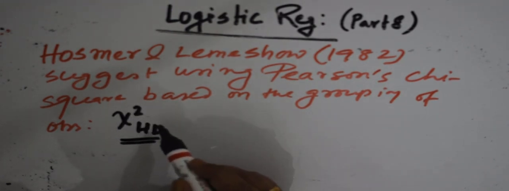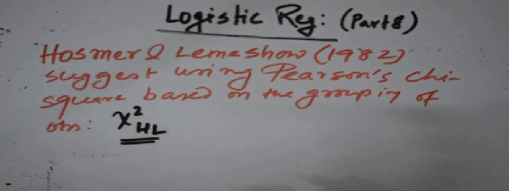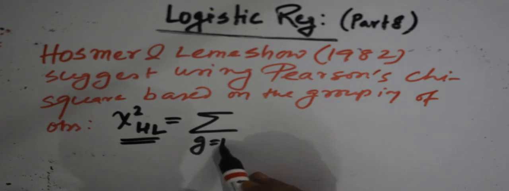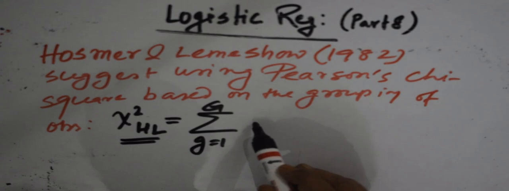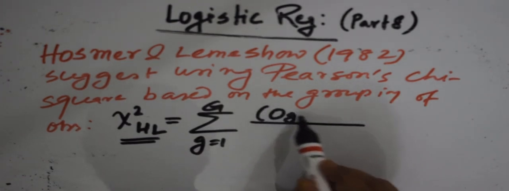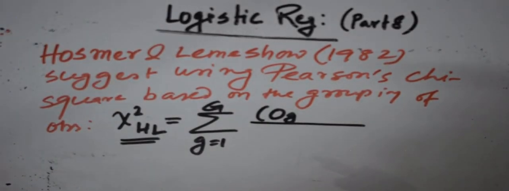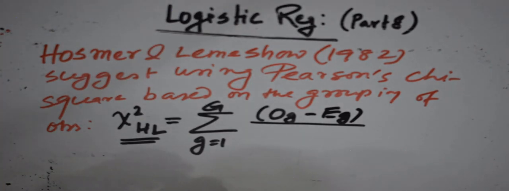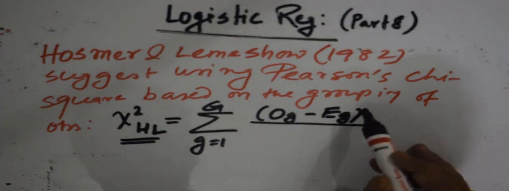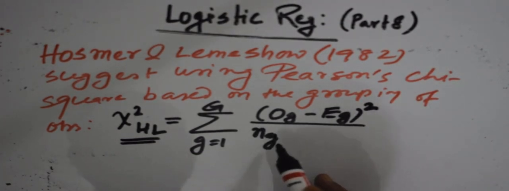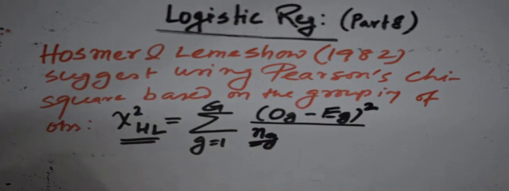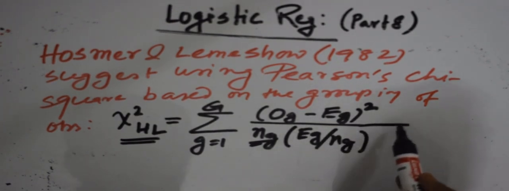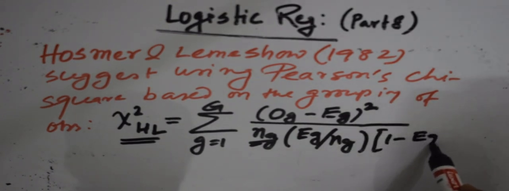I denote this statistic by chi-square HL, H for Hosmer, L for Lemeshow, equal to the sum over g from 1 to capital G, since we have capital G groups, of big O, that is the observed frequency of the small gth group, minus Eg, the expected frequency of the small g group, whole square, divided by small ng, the size of the small gth group, times Eg by ng times 1 minus Eg by ng.